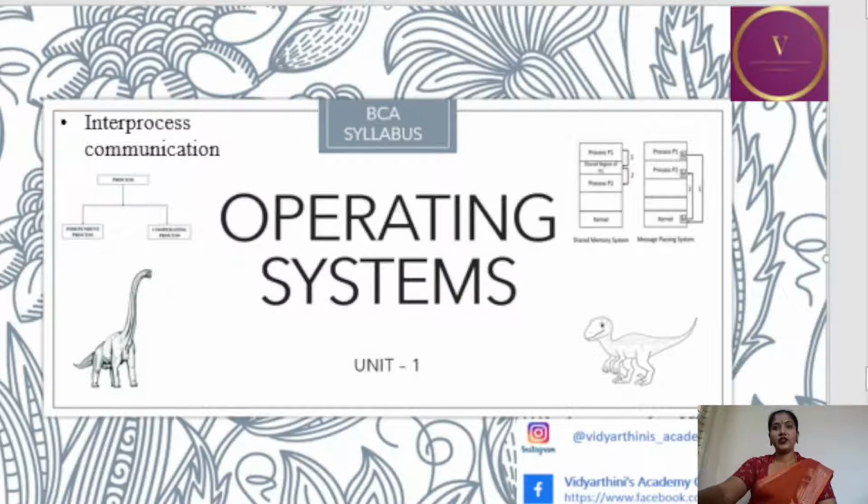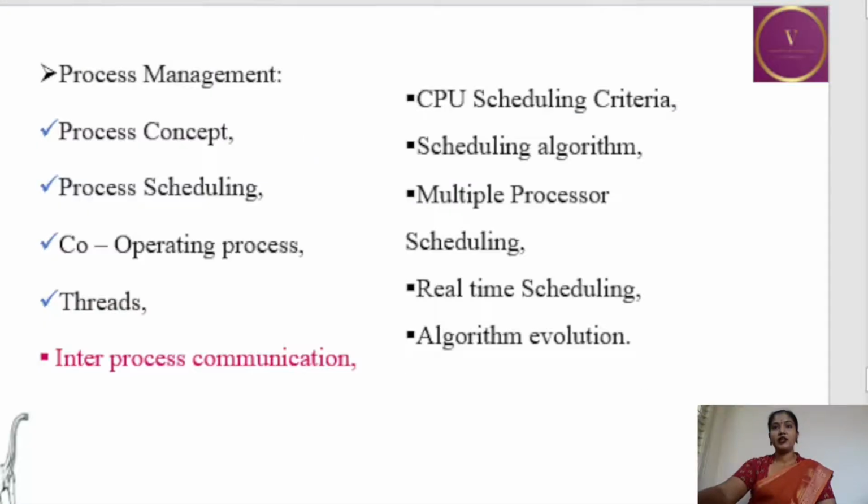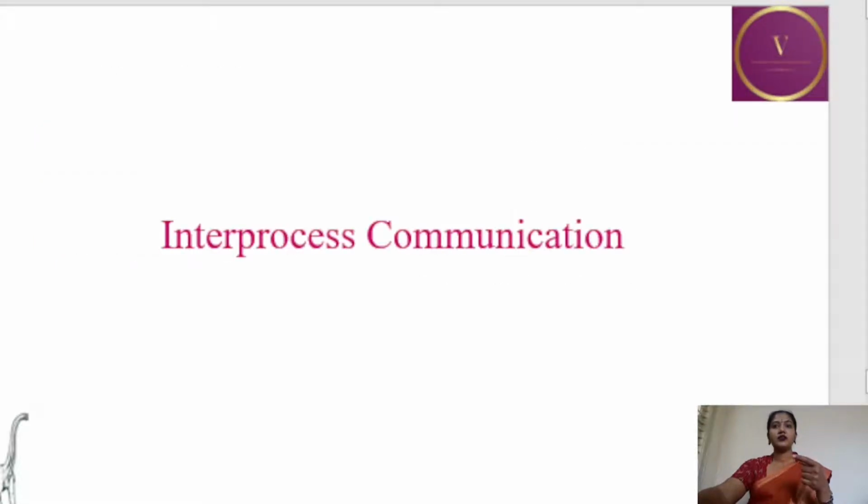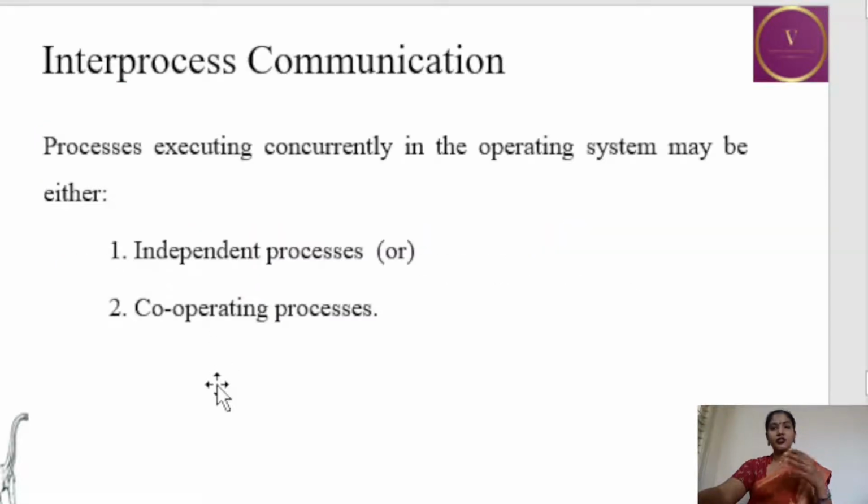So now we are in interprocess communication, and so far we have completed these many topics. So what is interprocess communication? It means the way in which processes communicate with each other.